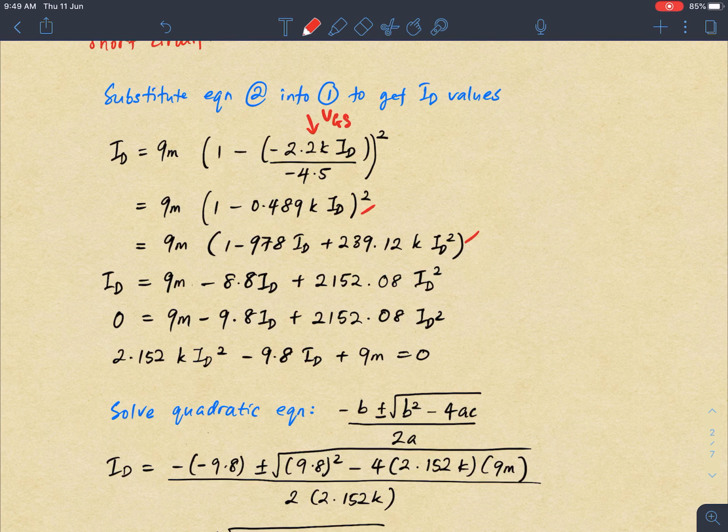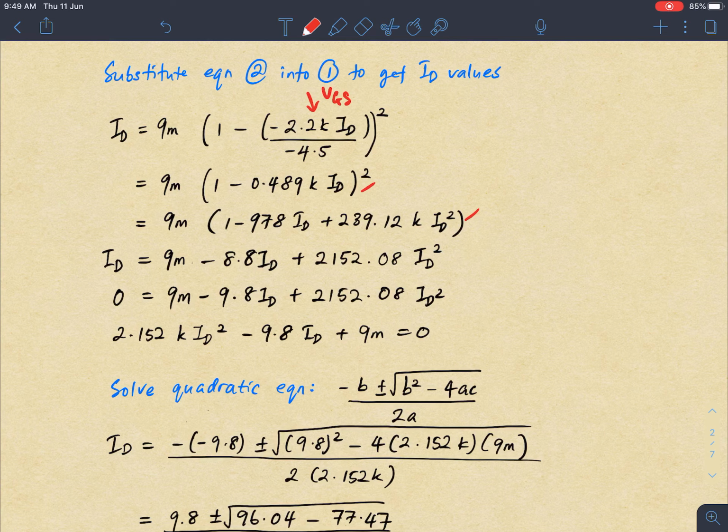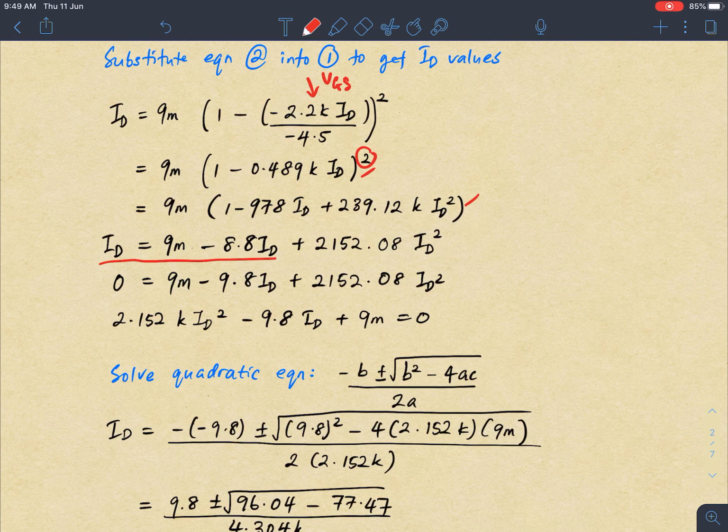Be careful when you are using your calculator and when you expand this equation. Make sure that you get this equation correctly. ID equal to 9 milli minus 8.8 ID plus 2152.08 ID squared.